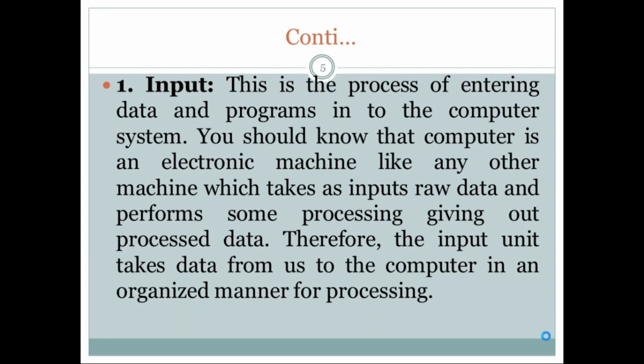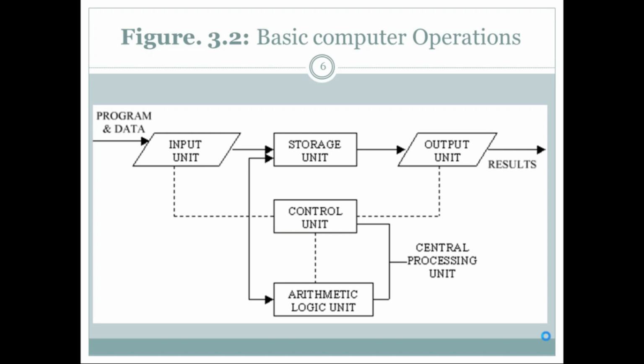Input is the process of entering data and a program into the computer system. You should know that a computer is an electronic machine like any other machine, which takes inputs, raw data, and performs some processing, giving output, processed data. So here are the basic computer operations.